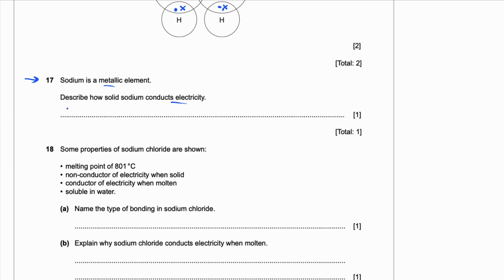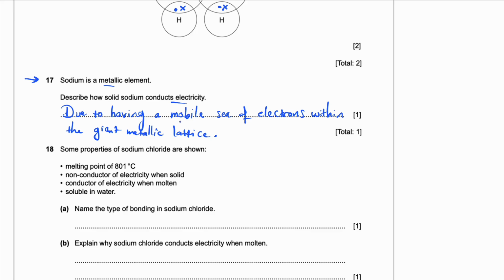So due to having a mobile or delocalized sea of electrons, and also it's worth mentioning the type of structure, within the giant metallic lattice. So the keywords here: mobile and electrons.